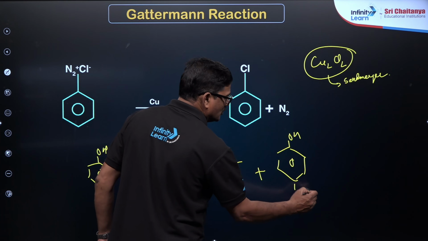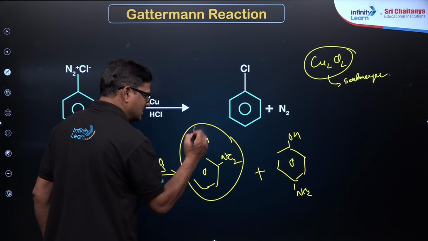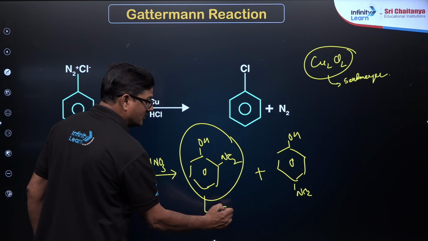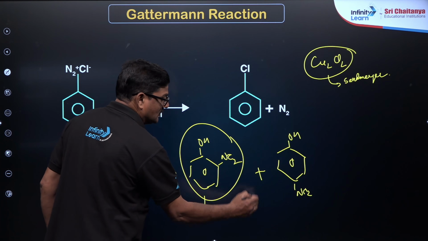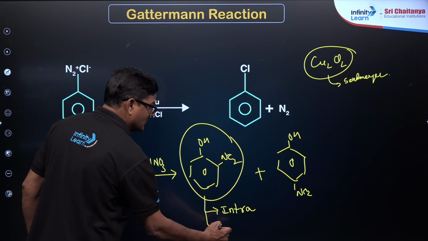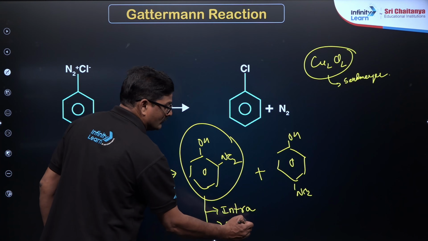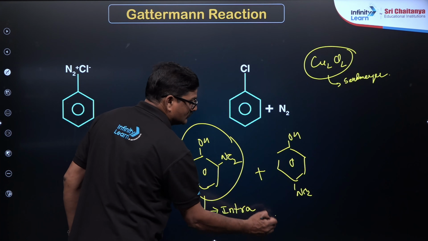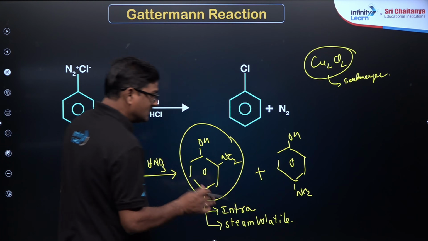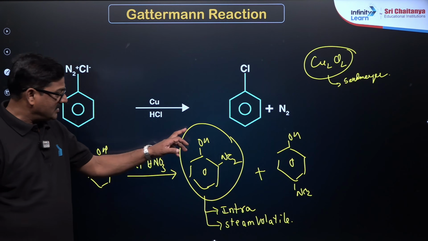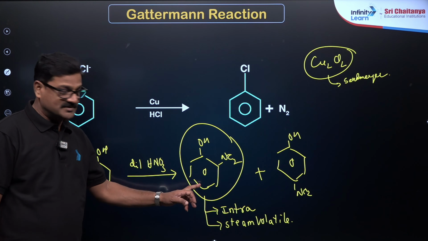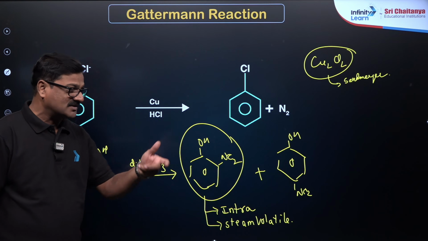This ortho-nitrophenol has intramolecular hydrogen bonding, so it is steam volatile. It is separated by steam distillation. During the steam distillation method, this is the isomer that comes out.